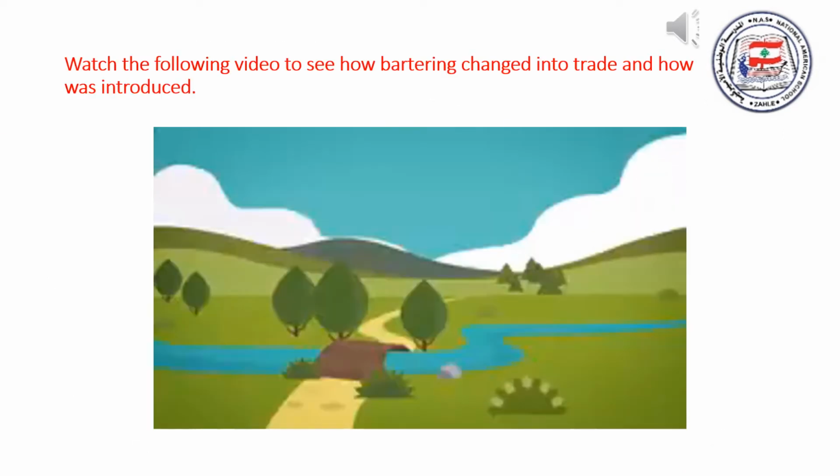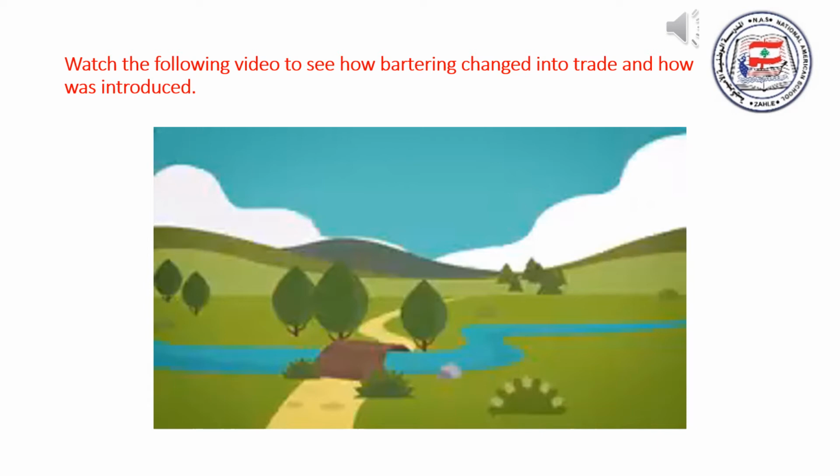Watch the following video to see how bartering changed into trade and how money was introduced. At a particular point in the past, bartering was stopped. For example, I want a pair of slippers for some apples. However, if both sides do not agree on the deal, bartering cannot take place.